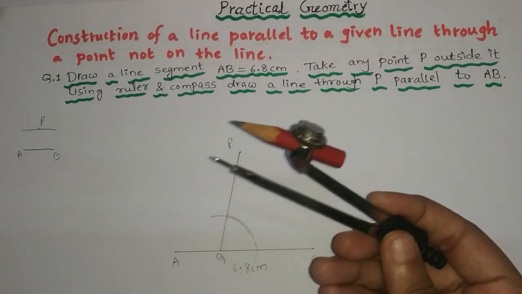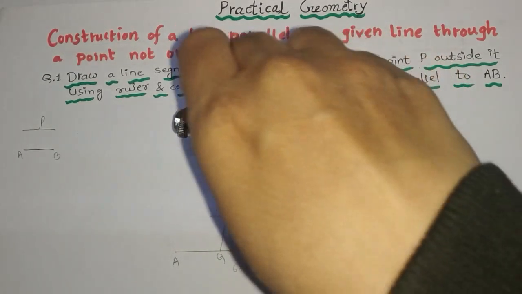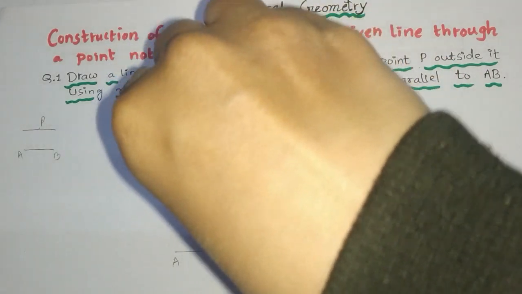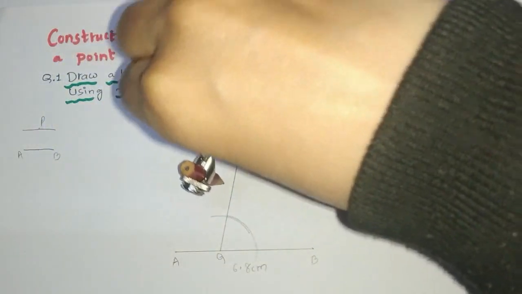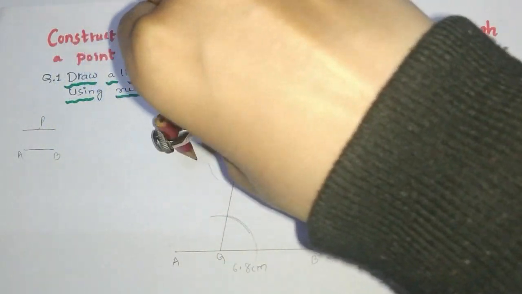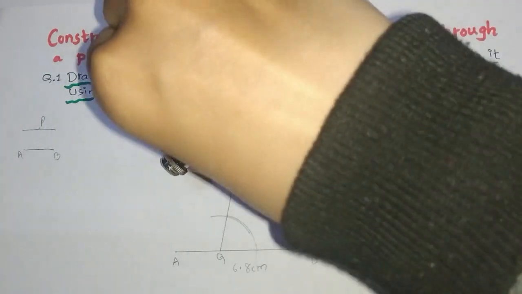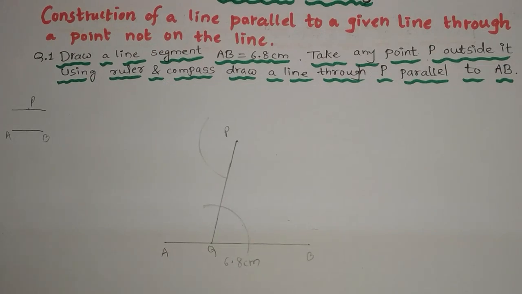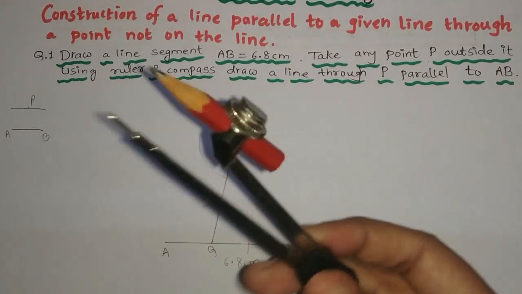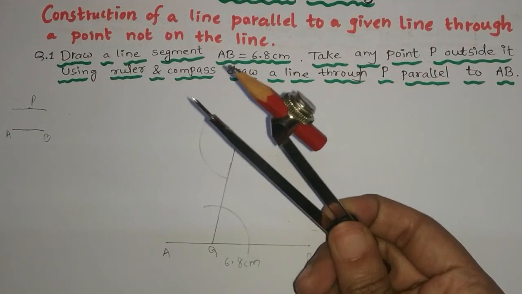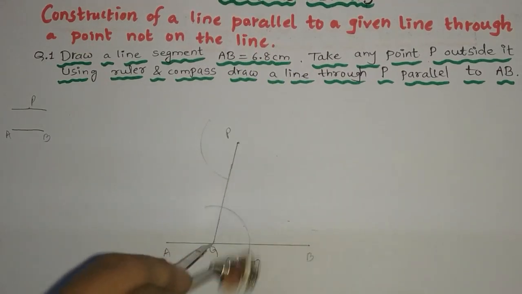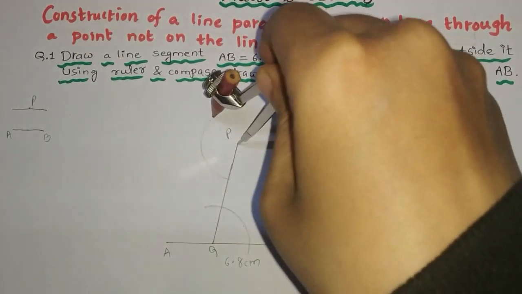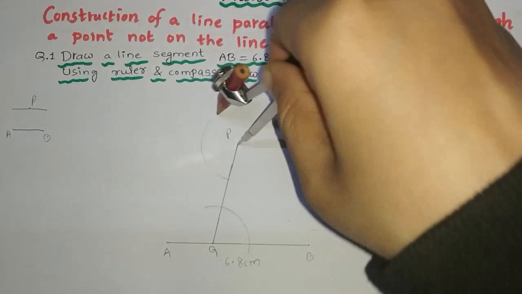Now with the same measurement, with P as the center, draw one more arc here. So friends, what I have done is taken some radius, with Q as center I have drawn this arc, and with P as center I have drawn this arc.